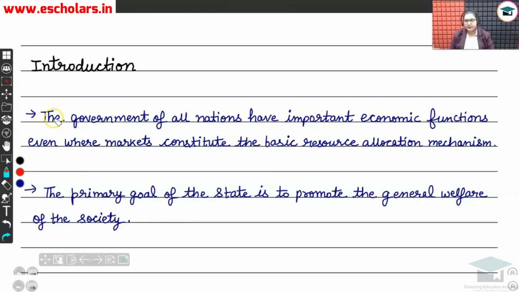Now students, let's start the chapter of public finance with its introduction. See students, we know that the government of all nations, that is the government of all countries, have important economic functions to perform, that is, functions that lead to the smooth running of the economy.